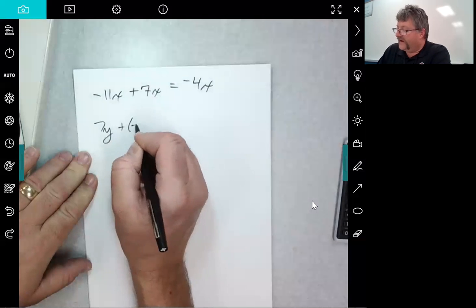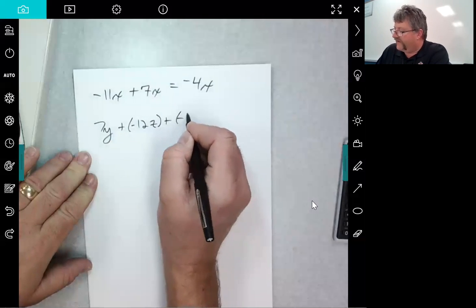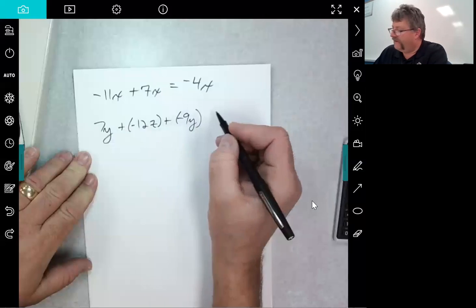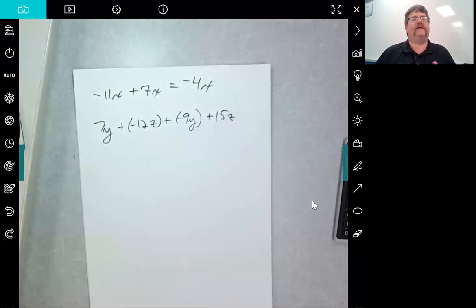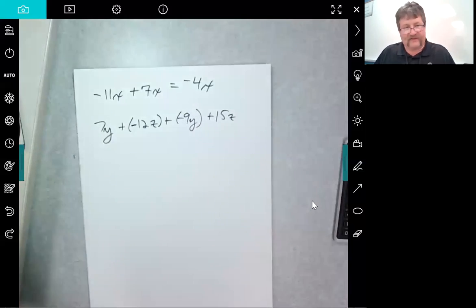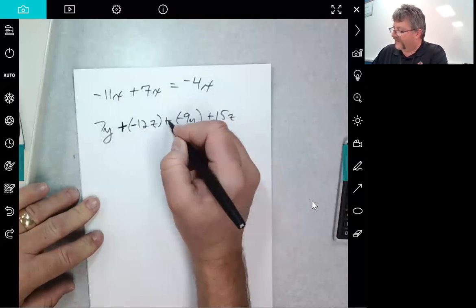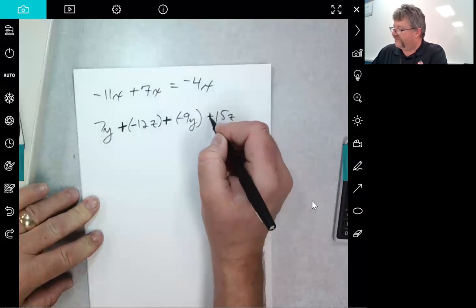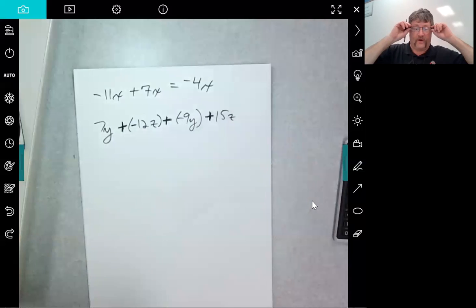7y plus negative 12z plus negative 9y plus 15z. Okay, now let's be cautious here. I've got negative signs, that's true, but it's all addition, and I like to really make those addition signs bold so we can see it. It's still an addition problem, okay?